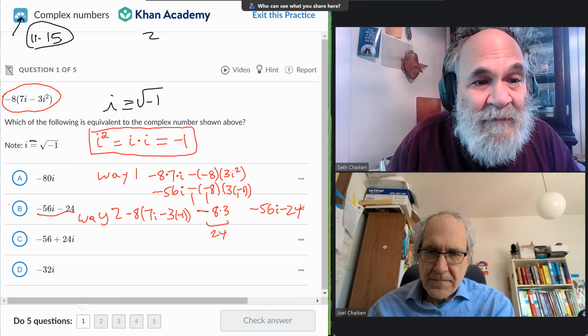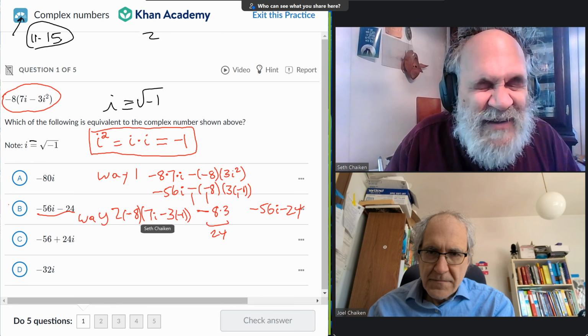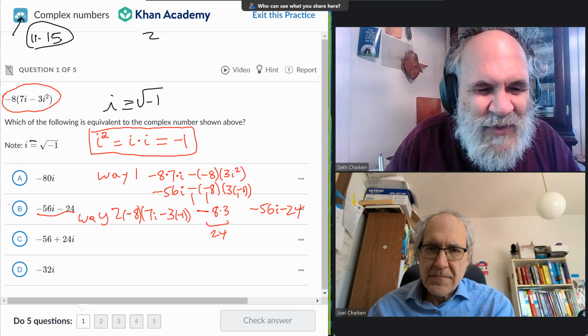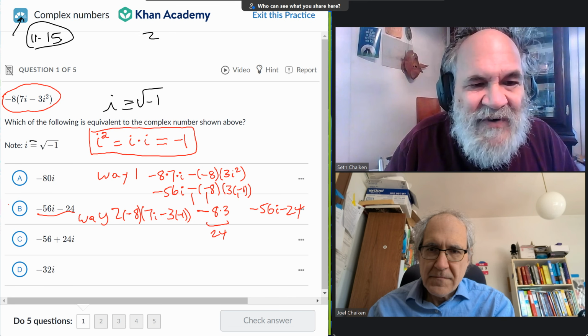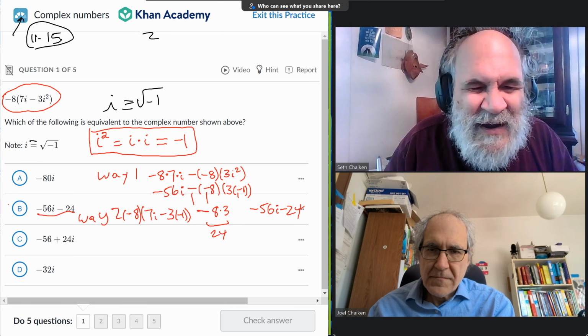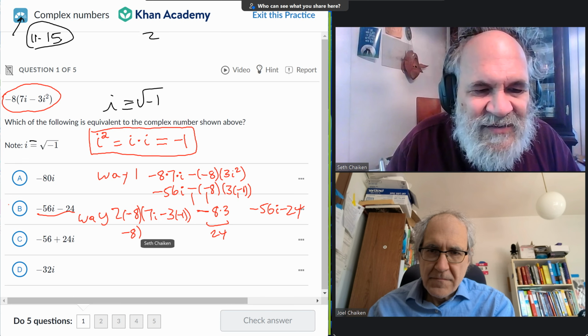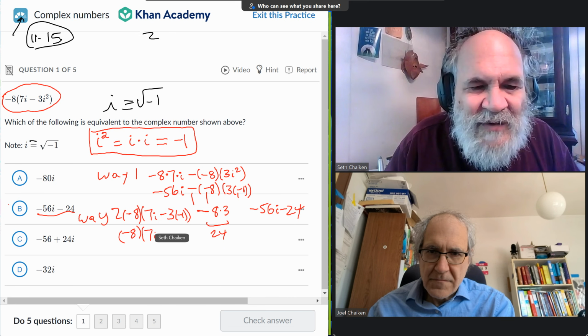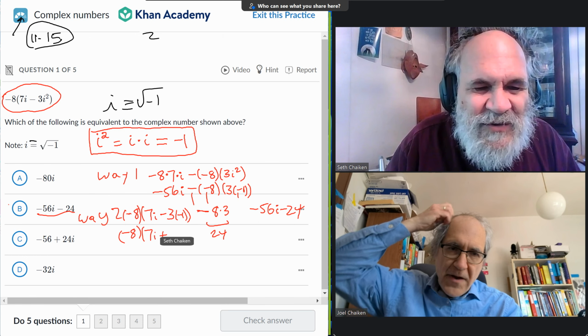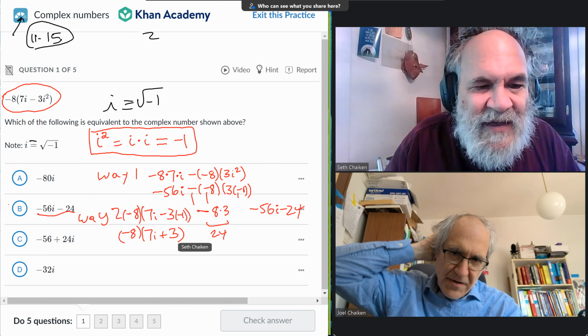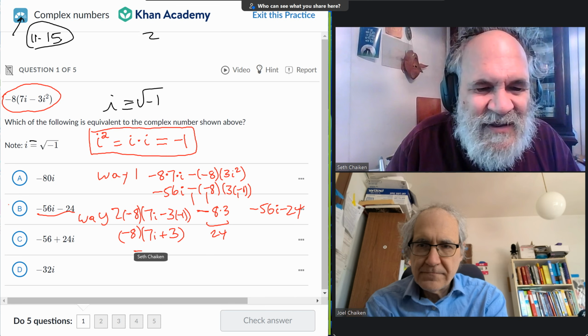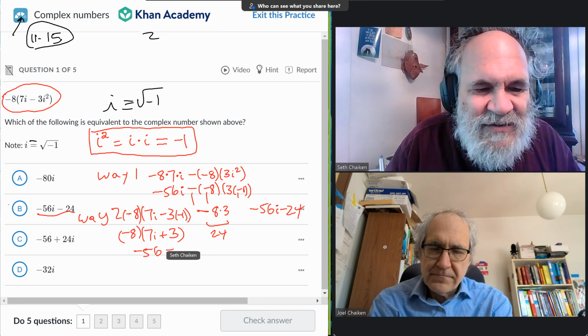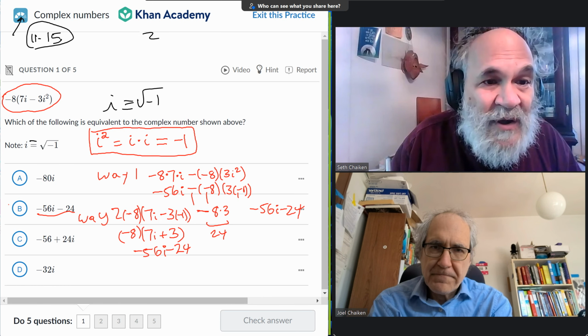We could multiply the minus 8 by the other two terms first, or we could simplify the minus 3 times minus 1 first. Let's do the minus 3 times minus 1 first. Two minuses, 3 times 1 is 3. Then multiply the minus 8 by the 7 and get minus 56i minus 24. Remember to put in the i. Again, it matches.